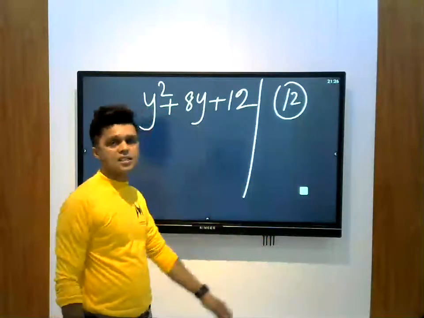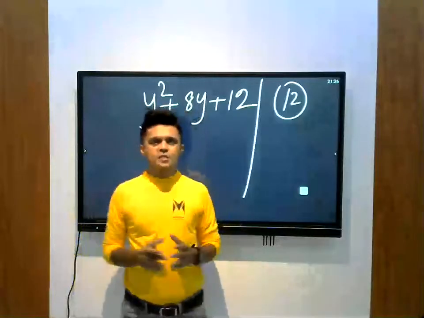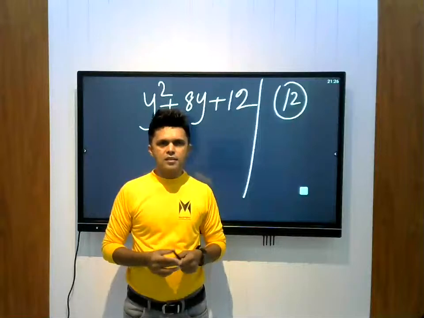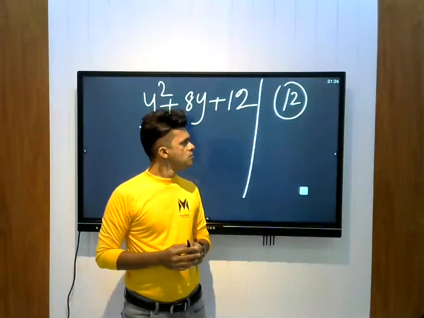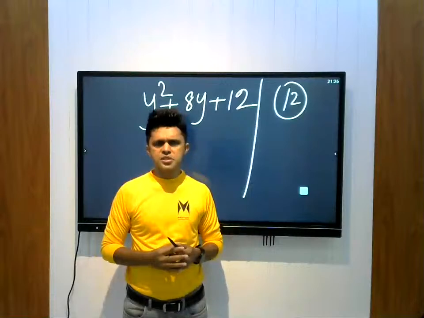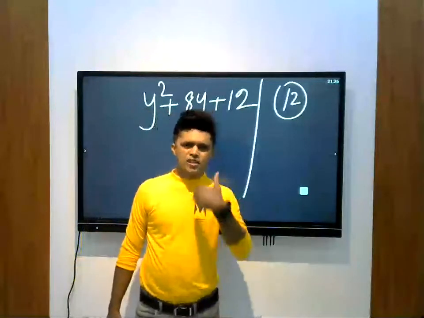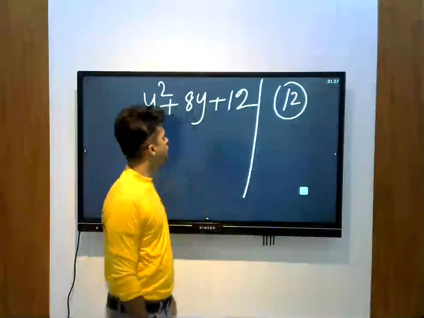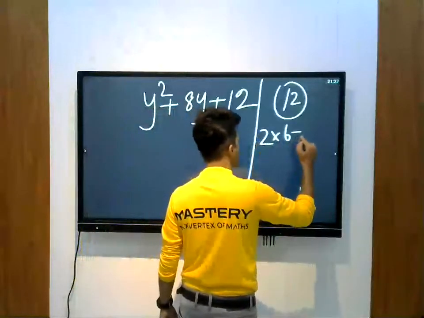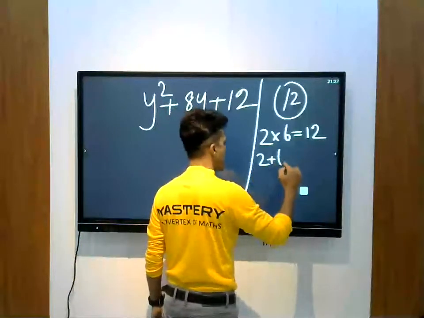Is it possible to use 3 times 4? You know that when 3 is multiplied by 4, you get 12. But is it possible to use these two terms here? It's unable, the reason is that 3 plus 4 is 7. Therefore, here you can take 2 times 6. 2 times 6 is 12, and 2 plus 6 is 8.